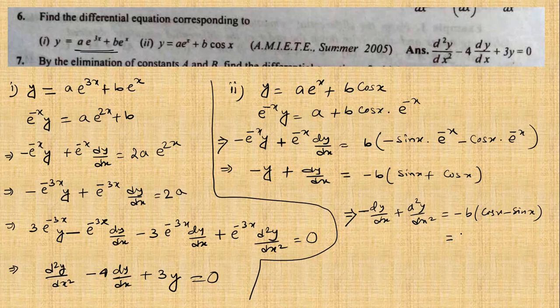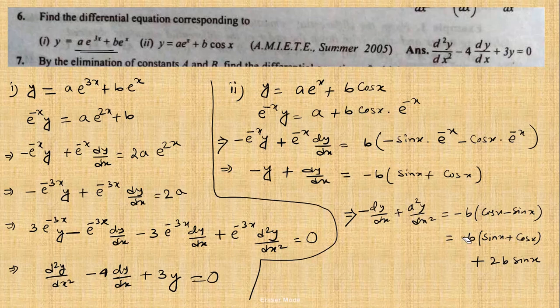So this is minus b sin x plus cos x, this becomes this term, and there was a plus sin x, so there is 2b sin x, right? 2b sin x.